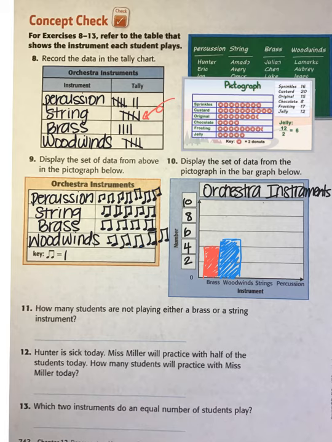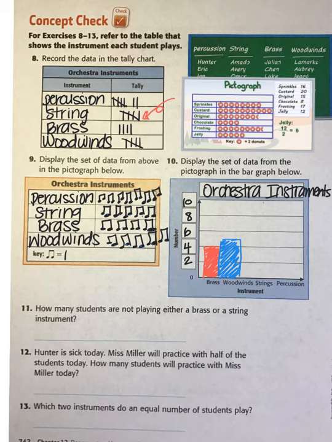Okay, now we have strings, and it doesn't matter if you have your bars touching or not. I kind of moved this one a little too over to the left, but that's okay. For strings, we had 1, 2, 3, 4, 5. Did we have 5 for woodwinds? 1, 2, 3, 4, 5. Yes, we did.